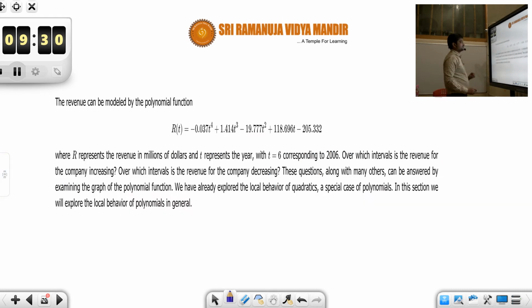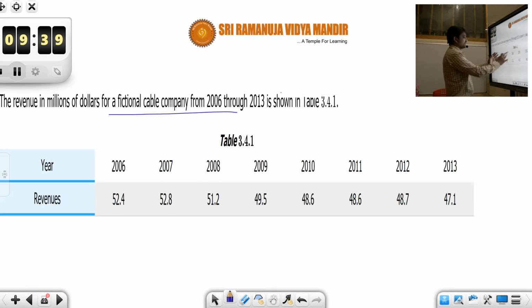Now this revenue, if we try to express it in equation form, see here this is given for a couple of years, so these are just numbers, meaning for a particular year this is the revenue, $52.4 million. Similarly for year 2007, this is the particular revenue value.